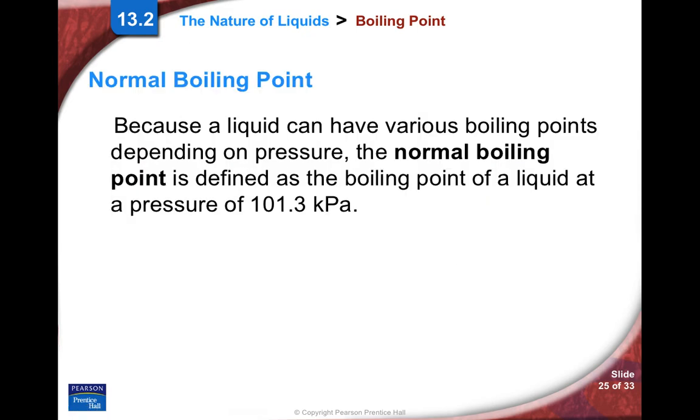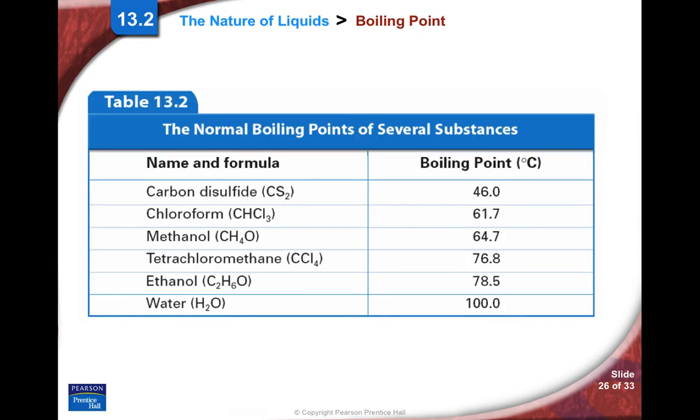So, since a liquid can have various boiling points depending on the pressure, you've got to have a standardized point, and that is at a pressure of 101.325 kilopascals, or 1 atmosphere. Each of these liquids boils at a lower temperature than water, but we can make them boil at a higher temperature if we increase the pressure.